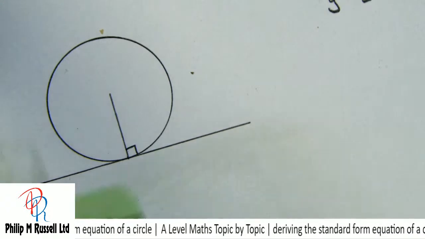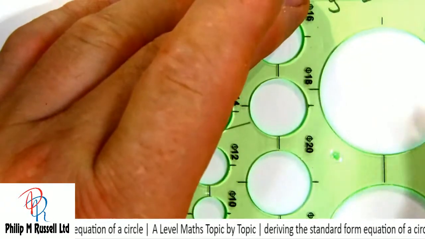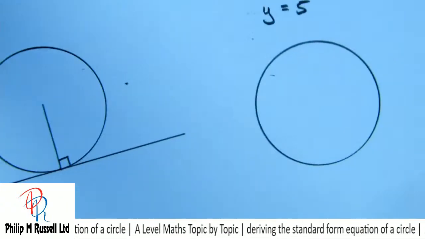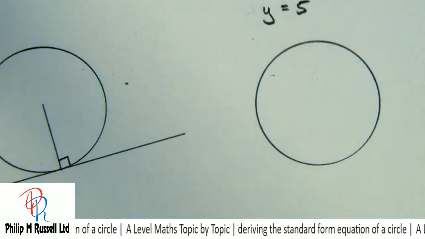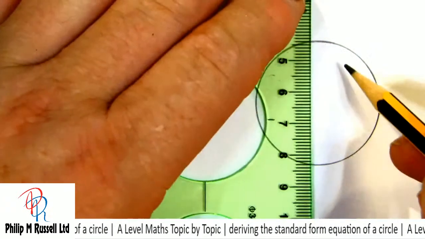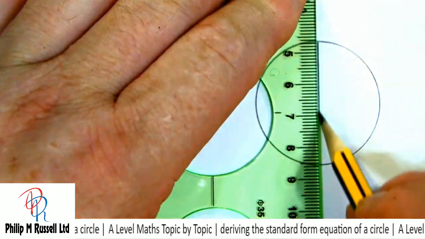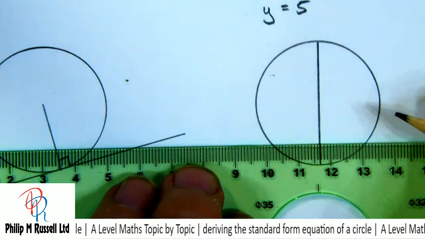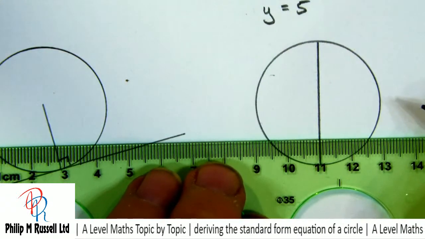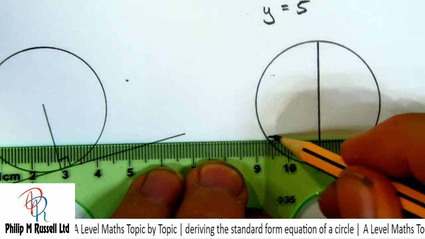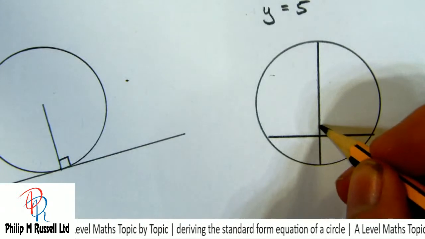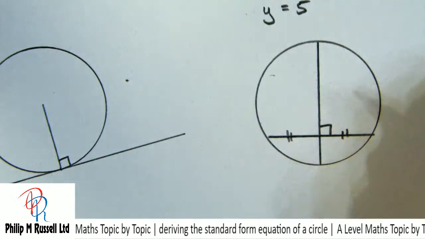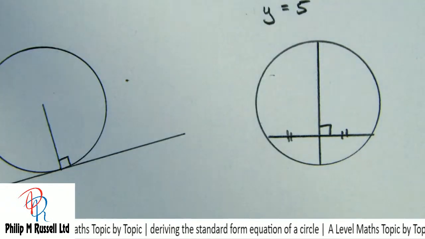Another property that we know of a circle is that if I take the center of the circle and draw a line from the center of the circle, and this bisects a chord, then that will also be 90 degrees.